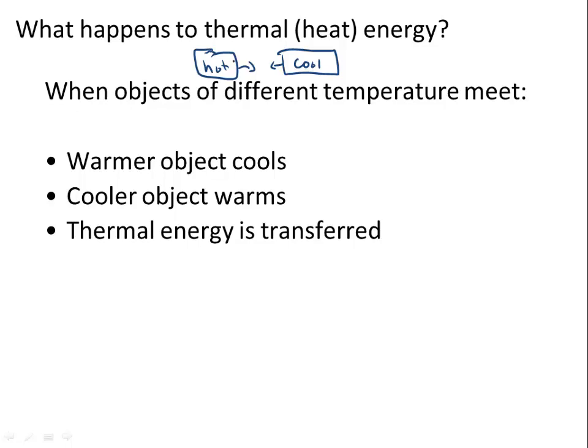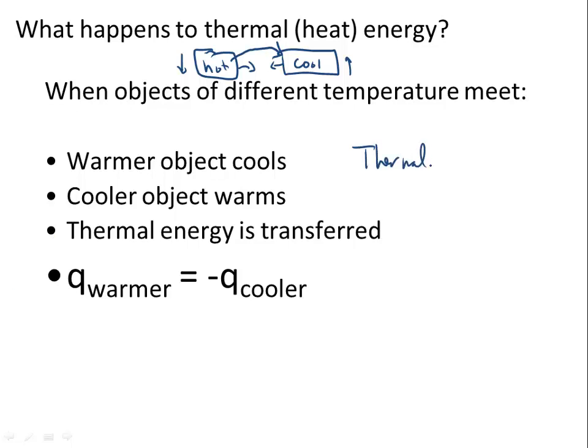Energy goes from the hot object to the cool object. So the temperature of the hot object goes down, and the temperature of the cool object goes up. That thermal energy is transferred, and eventually you'll reach thermal equilibrium.